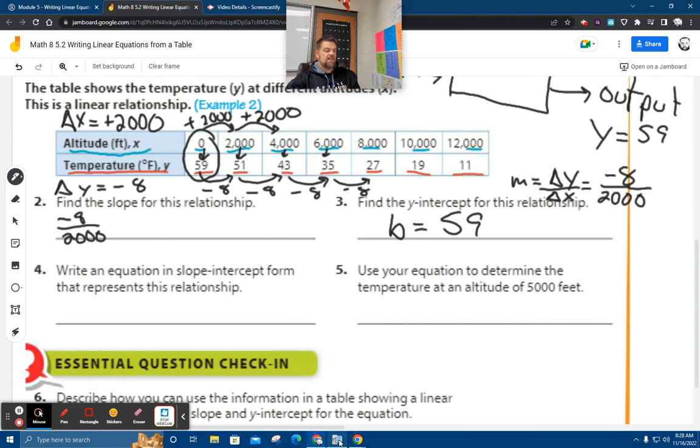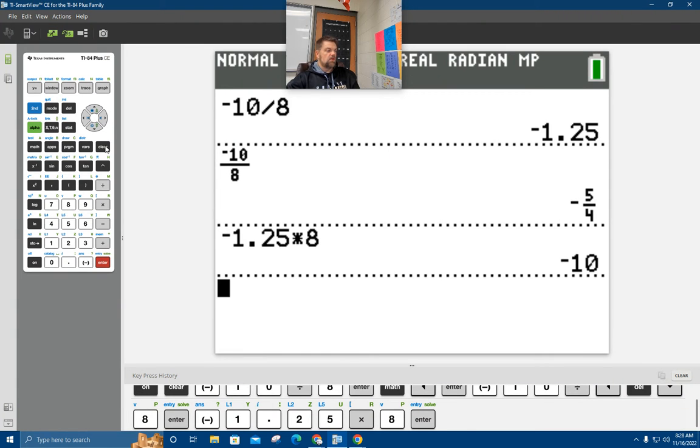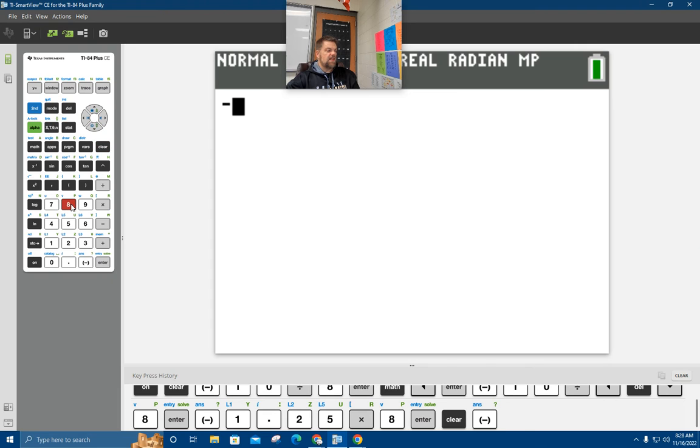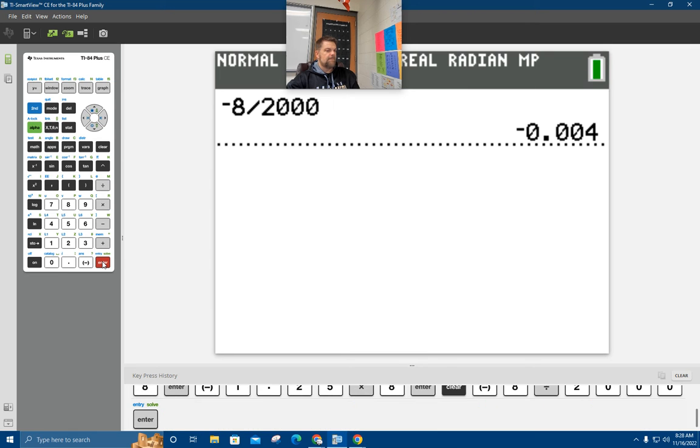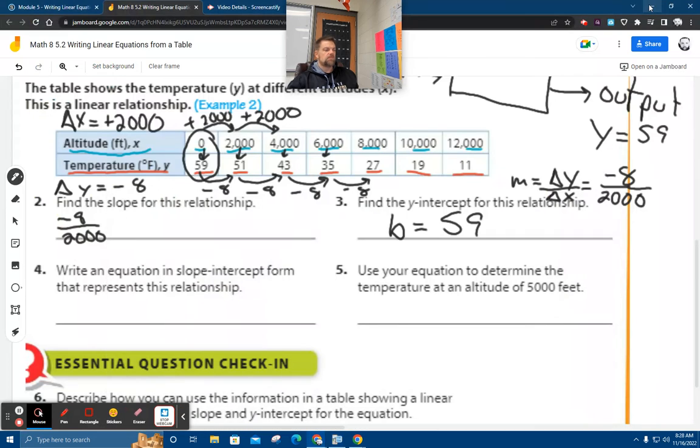Let's plug that in our handy-dandy calculators. If I say negative 8, using the division symbol because I want it to tell me the decimal, I get negative 0.004.